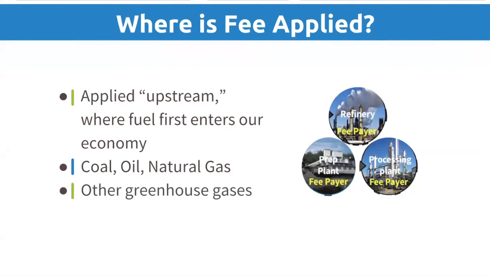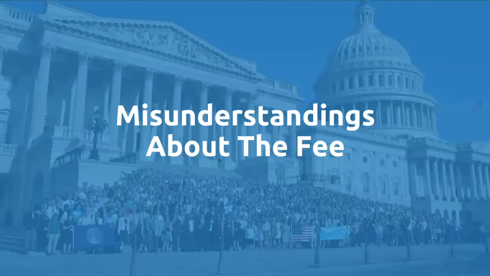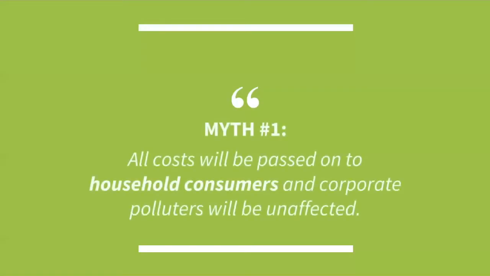Now, there are at least two significant misunderstandings about the fee and dividend that continue to emerge. The first is that many hold the view that industries will pass on all the carbon fee to consumers. This misunderstanding sometimes comes from the critics of carbon fee policy.